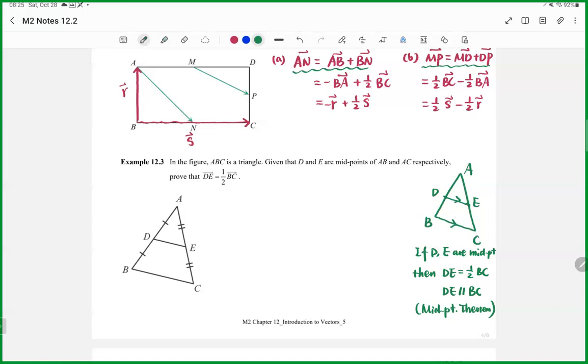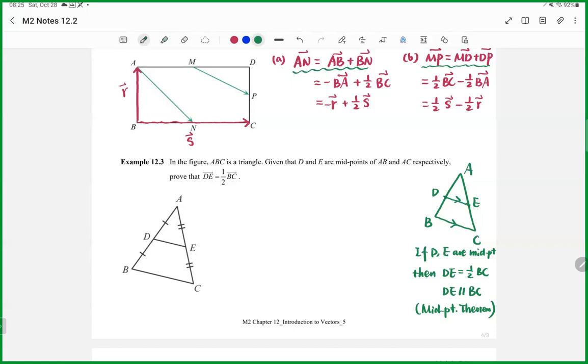In this question, you're not supposed to use the geometric theorem result to say this is true. You're supposed to apply the multiplication, addition, and subtraction of vectors and show this is true in the vector language. You will find it very easy.